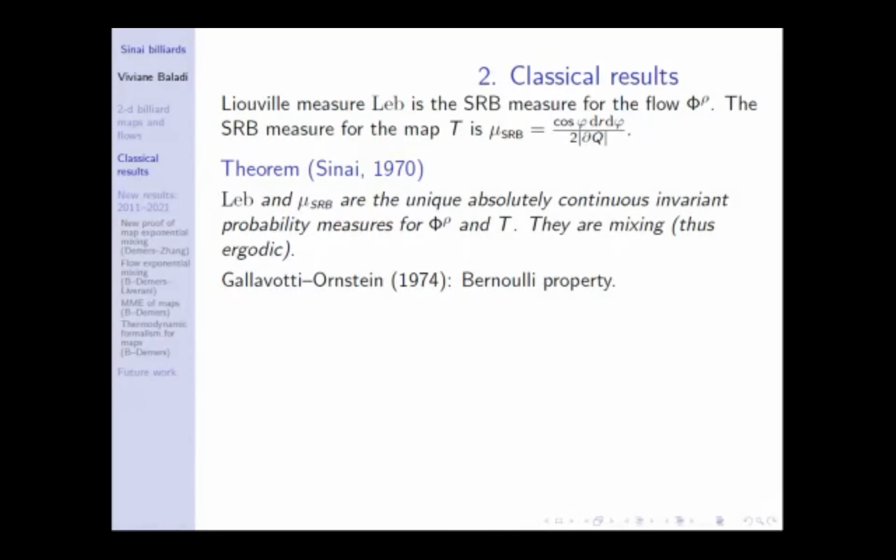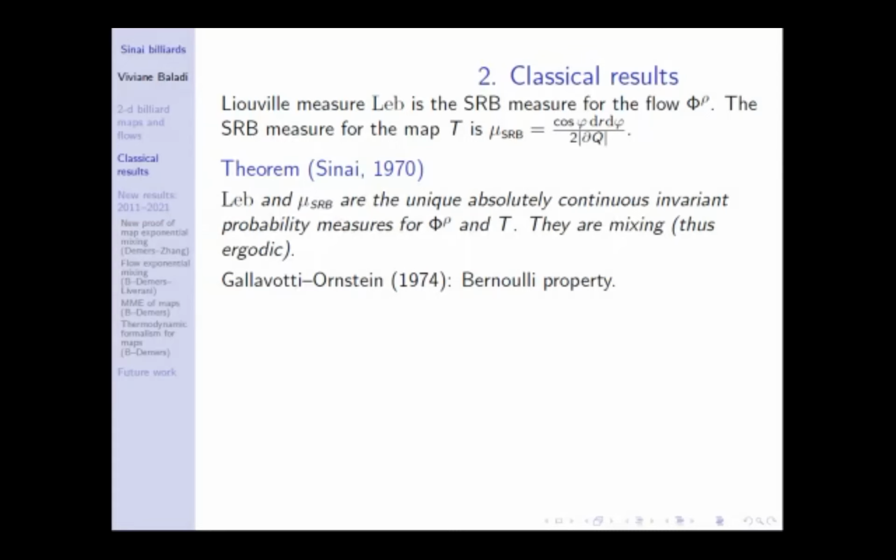For the map, you have to work just a little bit harder, and you have to find the normalization function. But it's not very difficult to see that the measure which has a density cos phi, remember, phi was this angle with a normal, the measure with density cos phi is invariant under the map and is absolutely continuous with respect to Lebesgue, of course, by definition.